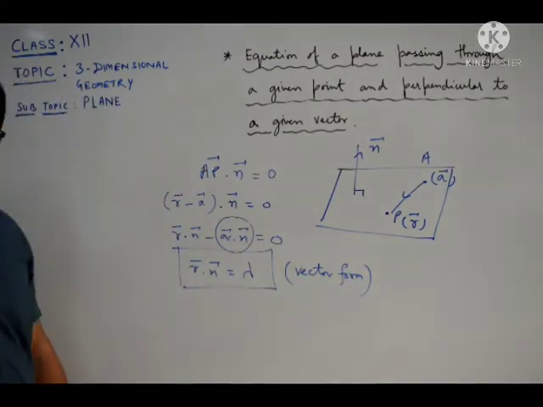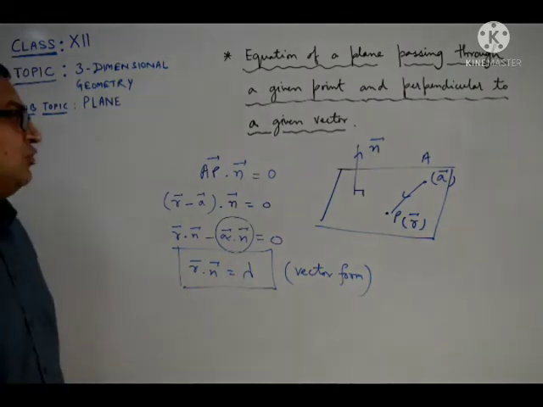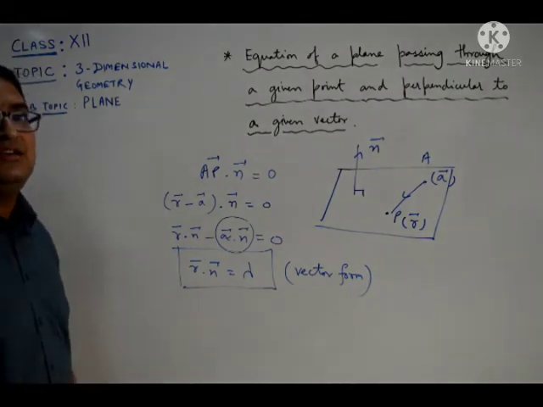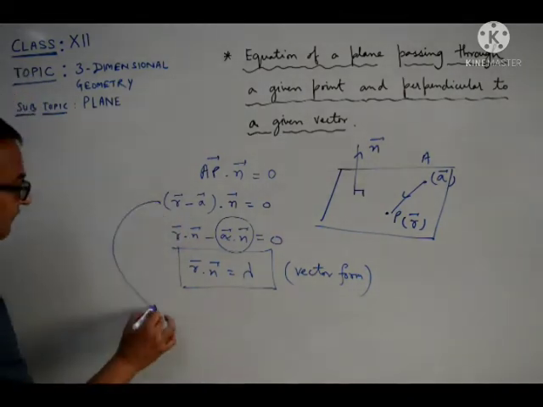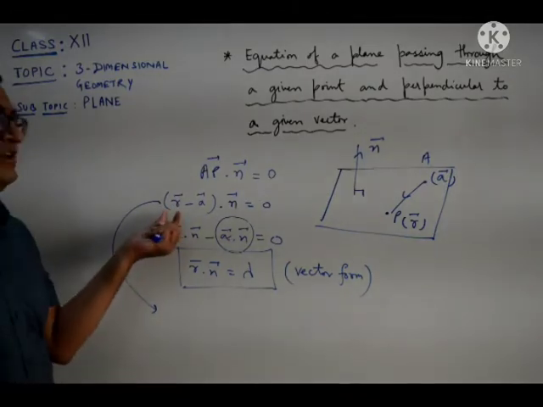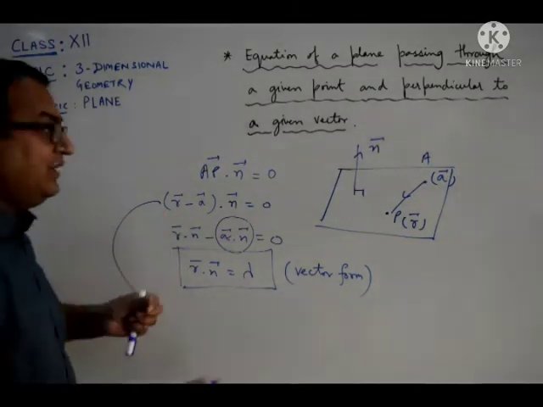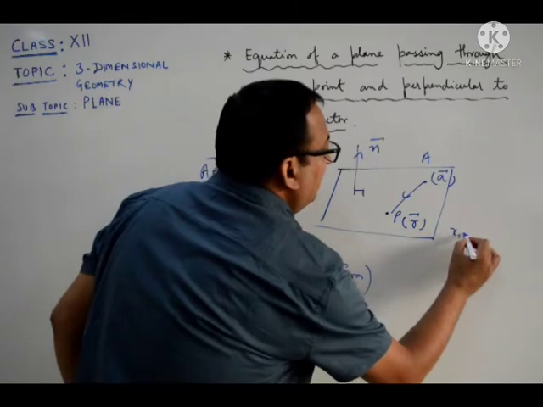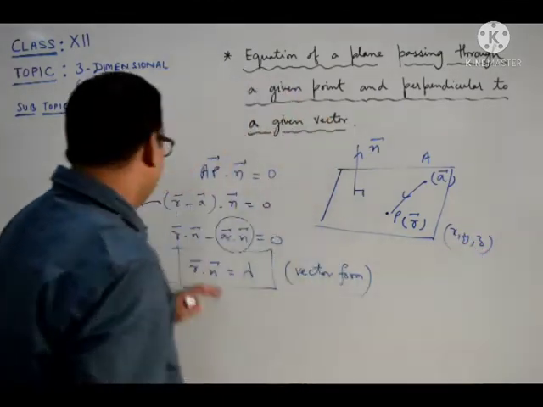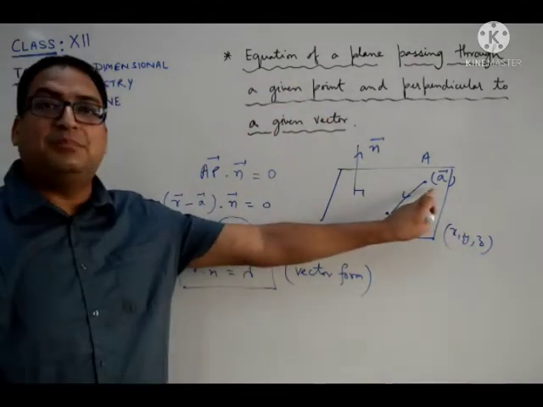form. Okay, and suppose we want to find the equation of the plane in Cartesian form. Here R vector is the position vector of any point, so let this point be (x, y, z), and A vector is the position vector of the passing point.